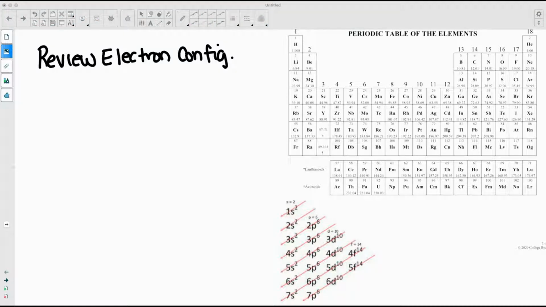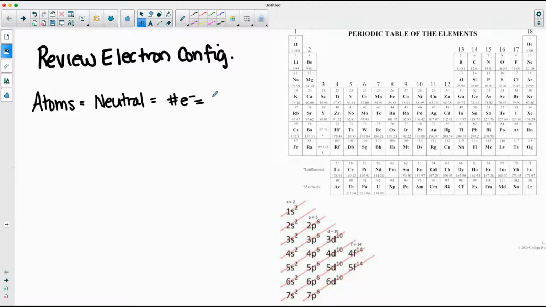Number one, we are going to need to look at the periodic table. Right now, for the beginning, we're doing electron configurations of atoms. Atoms are neutral, so the number of electrons equals the number of protons.